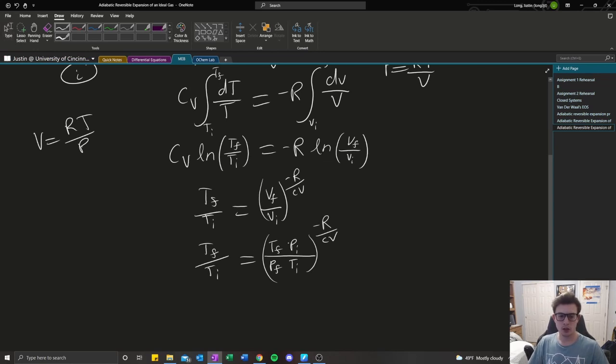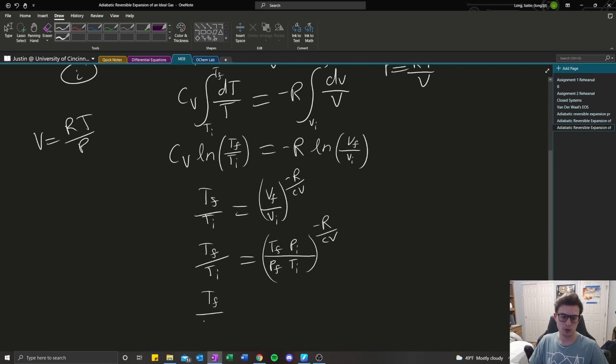Now we don't want the temperature on this side, we just want the temperatures on this side. So we're going to do some algebraic manipulation that will allow us to get rid of these terms. Because this is to the first power, we're going to move this and multiply by the temperature final over the temperature initial raised to the positive R over CV power.